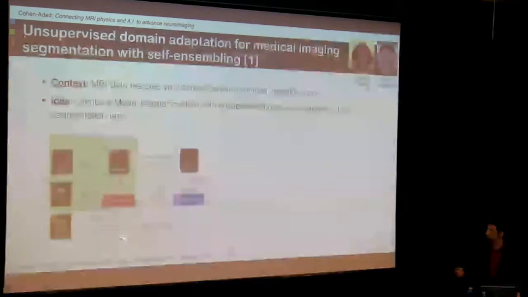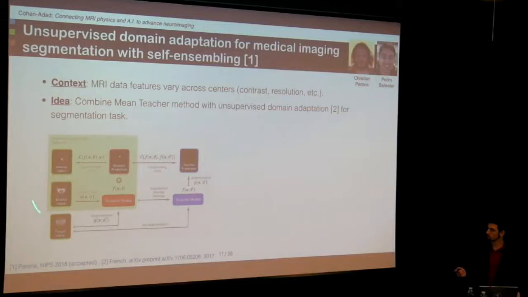So that's the similar mean teacher model, but the only difference is that the unlabeled data are coming from another domain. And it's augmented in a similar way, in parallel to the student model. And the output of the teacher model is used in order to basically update the weights of the student model using an exponential moving average as before.